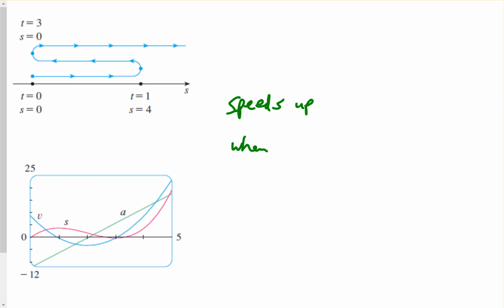Okay, or it could be velocity is negative and decreasing. So that's when velocity and acceleration are both negative. Okay, so basically the particle speeds up when velocity and acceleration have the same sign.